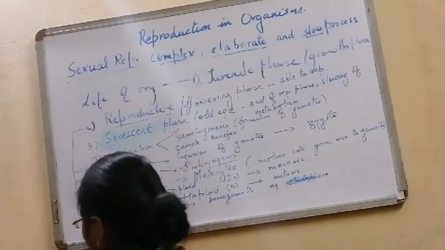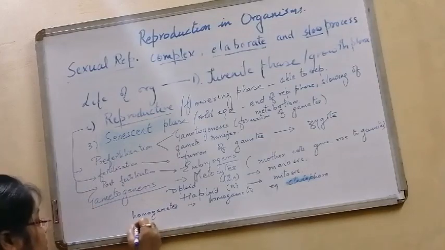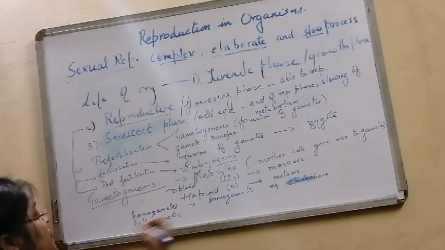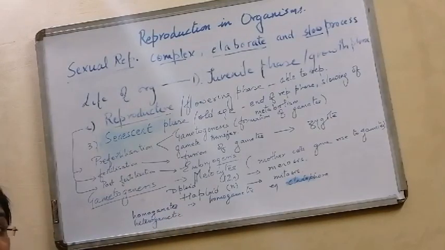And if it is heterogametic, hetero means two different types of gametes are produced. Their appearance is different. One may be large, one may be small, like sperms and egg. Sperms are smaller in size and motile, and the egg is non-motile and laden with food.